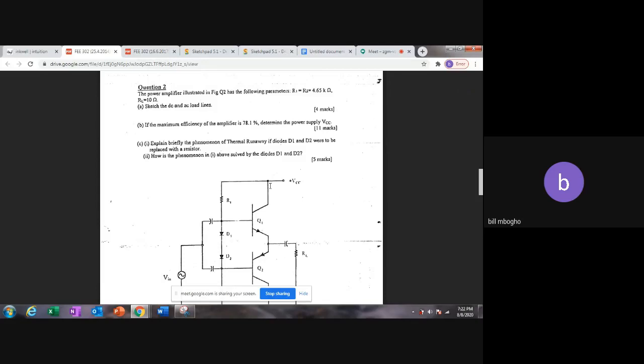And for that AC current to be amplified, it is the DC value that provides us that capability to swing. So it's the current that's being drawn from here that keeps on varying to give us different values of IC.